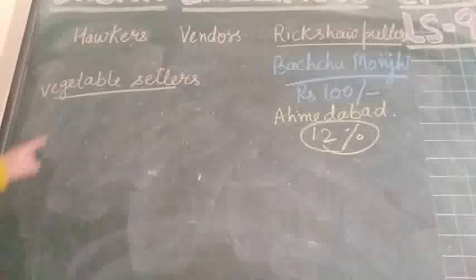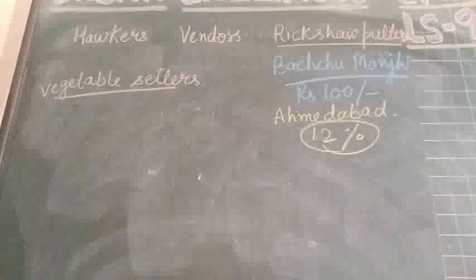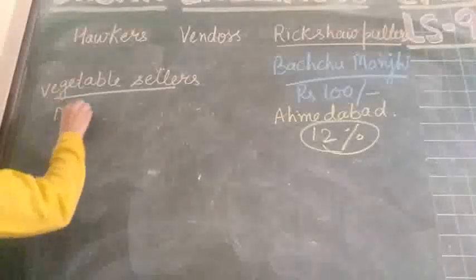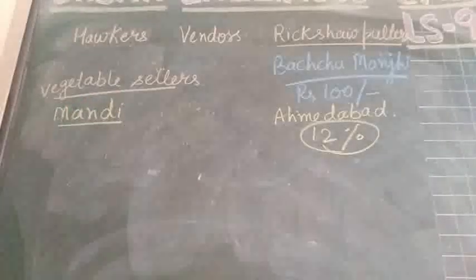Next, we will talk about a vegetable vendor. Early in the morning, he goes to the vegetable mandi. He buys seasonal vegetables in bigger quantities. He also buys some special vegetables but in small proportion.